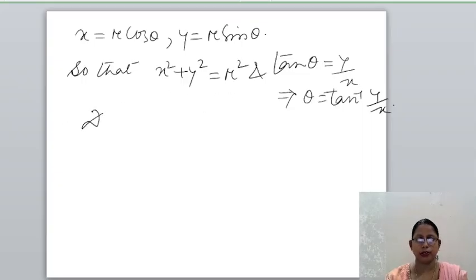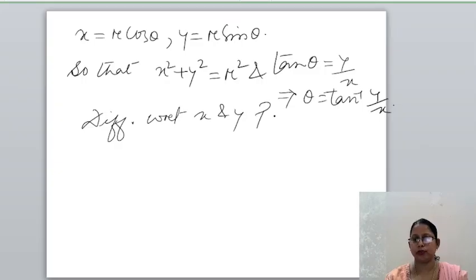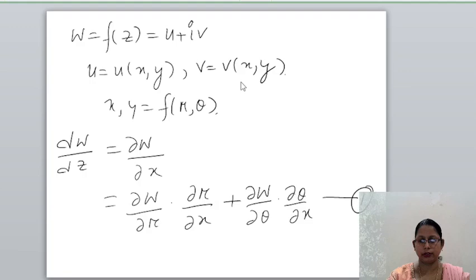Differentiating partially with respect to x. Write the word differentiating in full in your exam. Differentiating with respect to x and y partially, we get... Here I am considering differentiation with respect to x because it is required only. I need only these two.